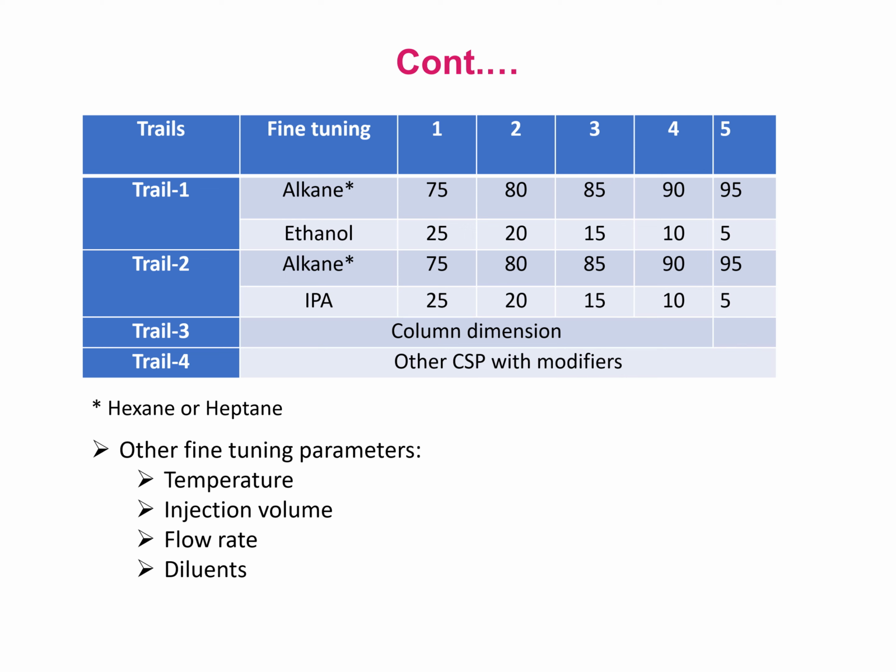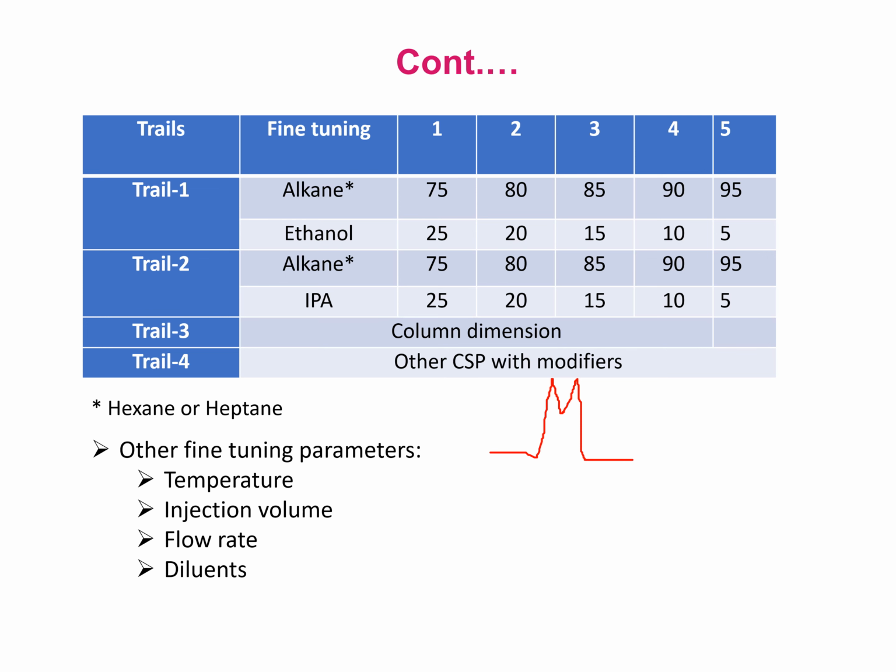Start the development taking the mobile phase as a mixture of hexane and ethanol in a ratio of 75-25. Suppose you are getting two peaks but there is not baseline separation.